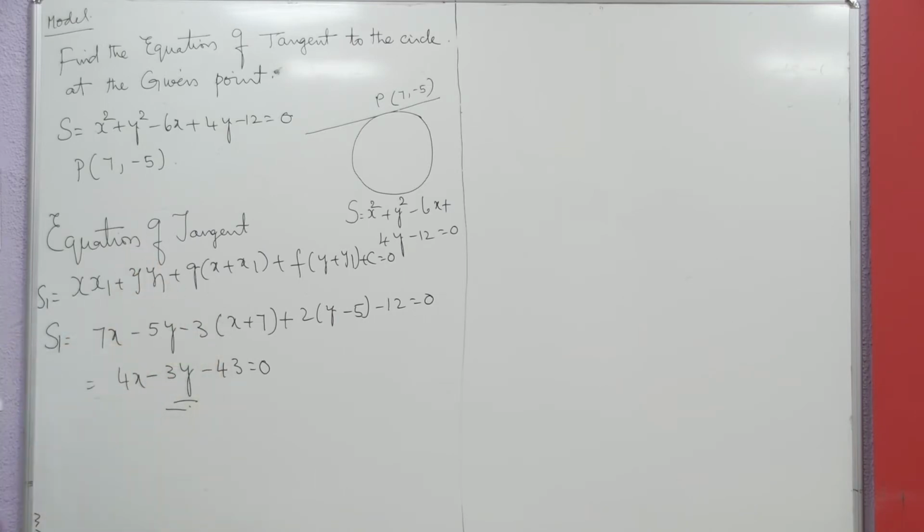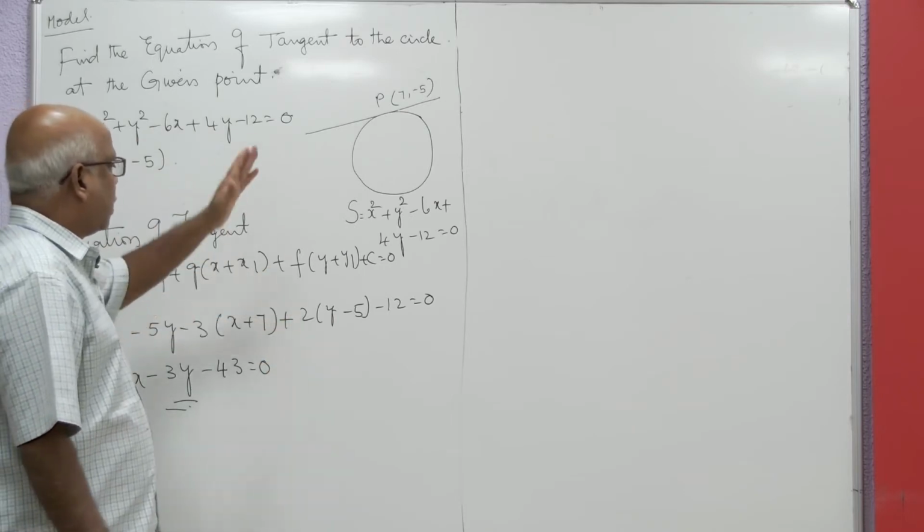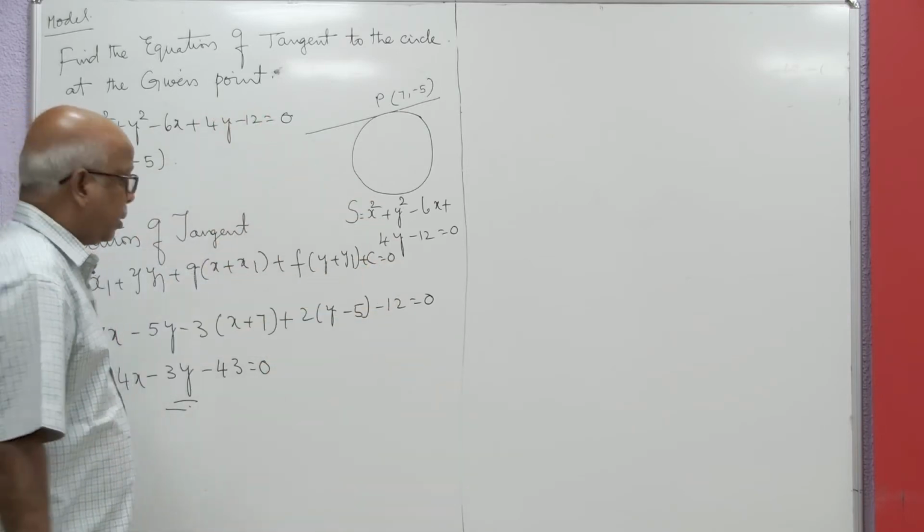7x minus 3x. How did you obtain 3 here? Half of the x coefficient will be your g. Half of the y coefficient will be f. The constant will not have any change.